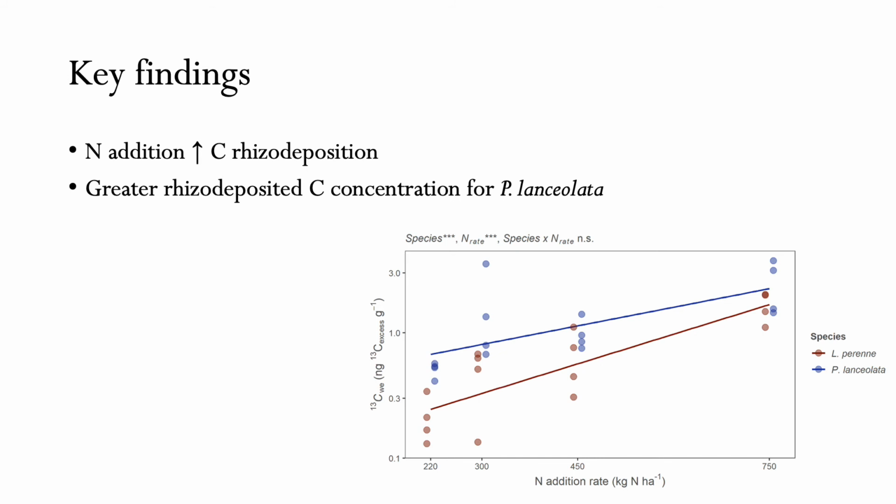So if you remember back to the conceptual diagram, if we follow the assumption that rhizodeposited carbon is usually highly available to microorganisms, we would expect to see a similar pattern for microbial uptake of rhizodeposited carbon.